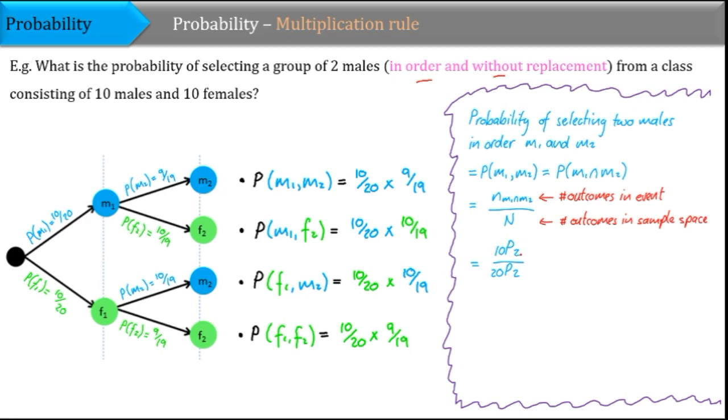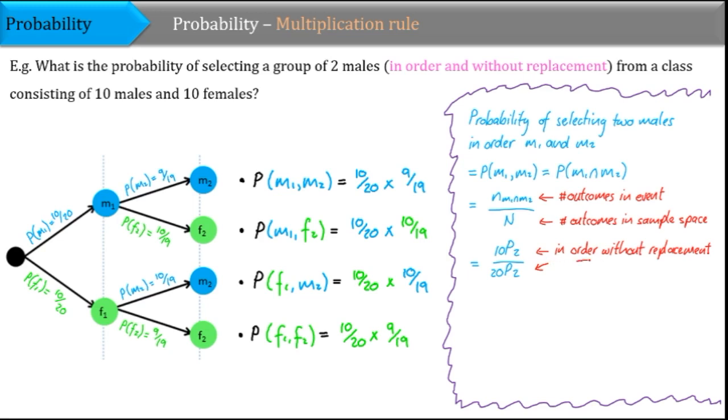So we have 10 males and we're selecting 2 in order. The size of the sample space, well, the sample space considers all possible selections. So it's going to be 20 permutation 2. Okay, all possible selections of size 2. So we don't care whether it's male or female, so that's why it's the 20. Okay, all possible selections.